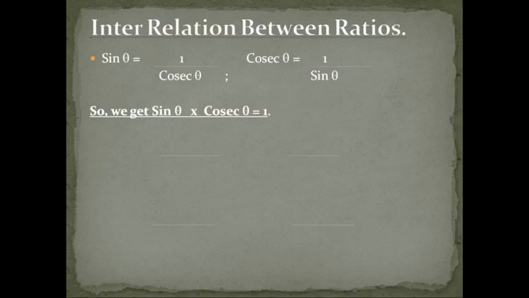Now, let's move ahead to another ratio, which is cos theta is equal to 1 upon sec theta. And sec theta is equal to 1 upon cos theta.